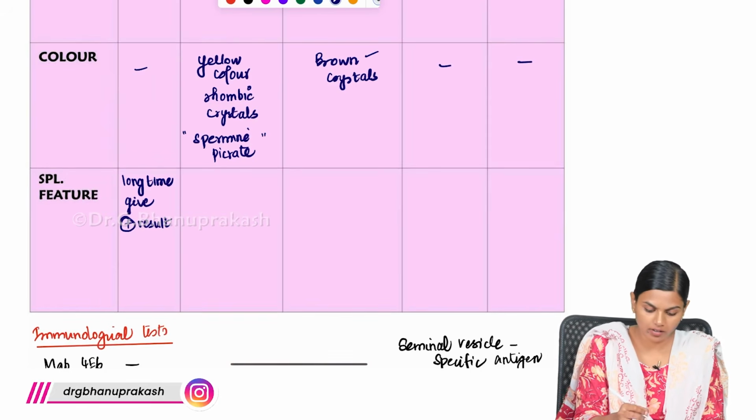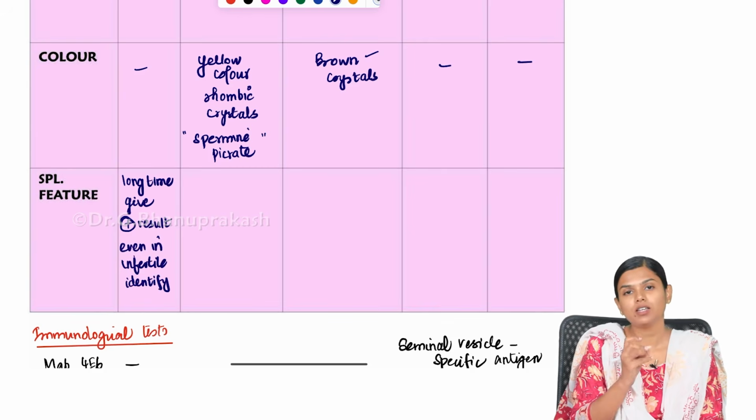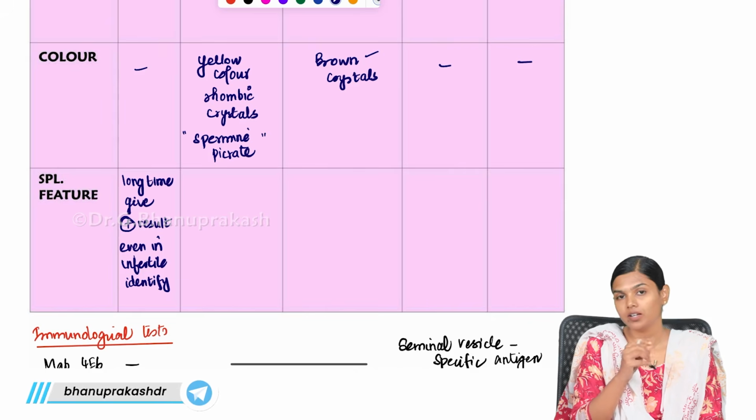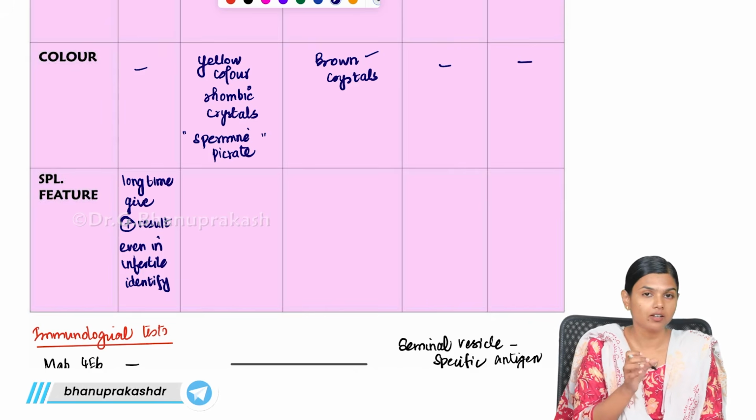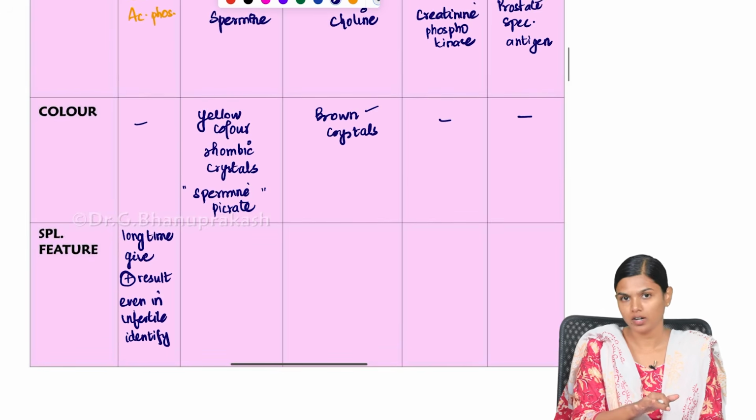The seminal stain, even in an infertile person, you will be able to identify, because it will only look for the serum acid phosphatase in the seminal fluid. It will not look for the sperm. So you will be able to identify even if they are infertile. So this is the special feature of this test.